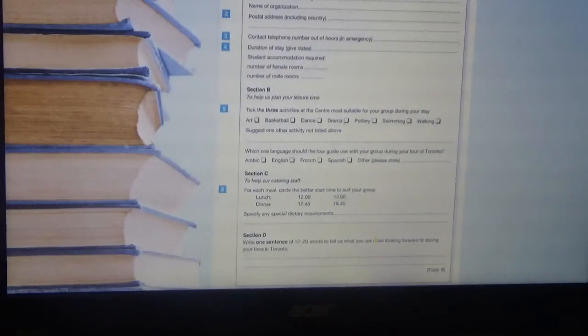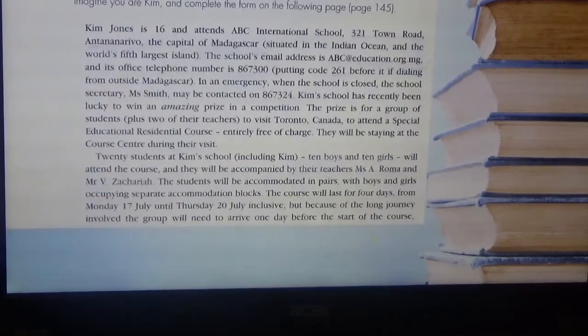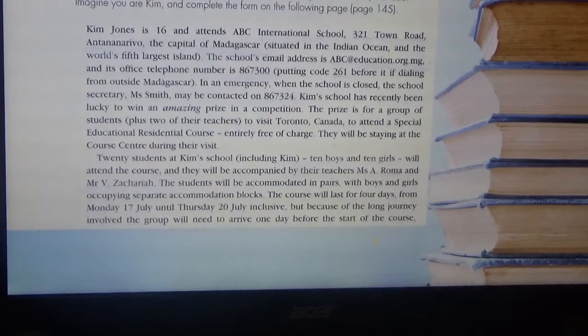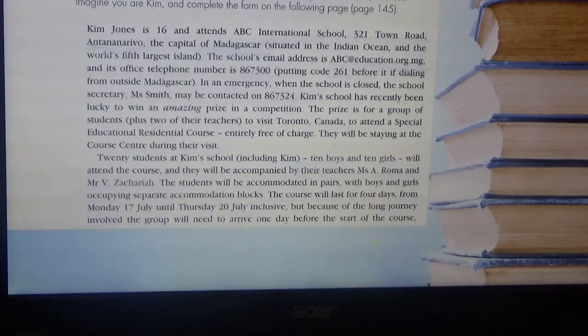question number 3? As you see, we have the passage here with us, and along with it is an information sheet where we have to transfer information from this given passage onto a form.